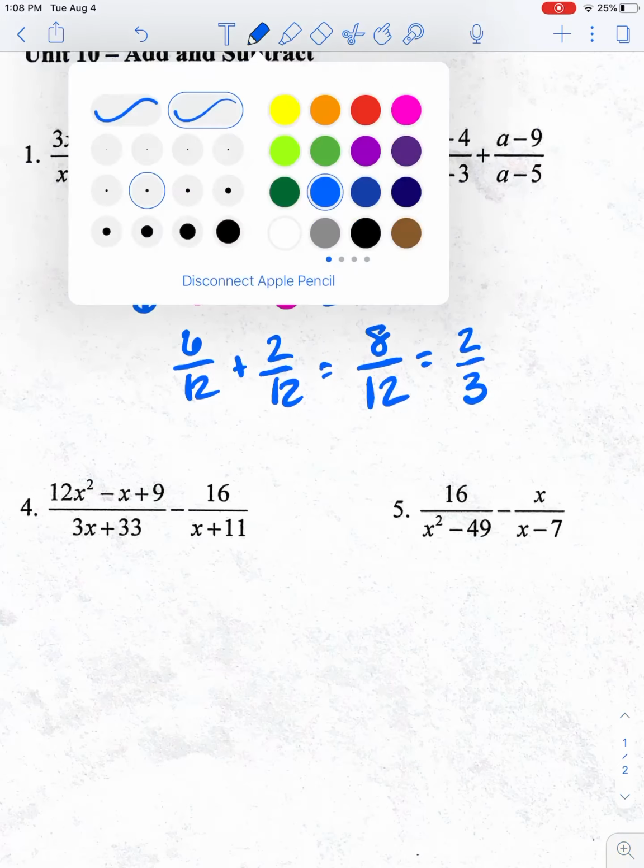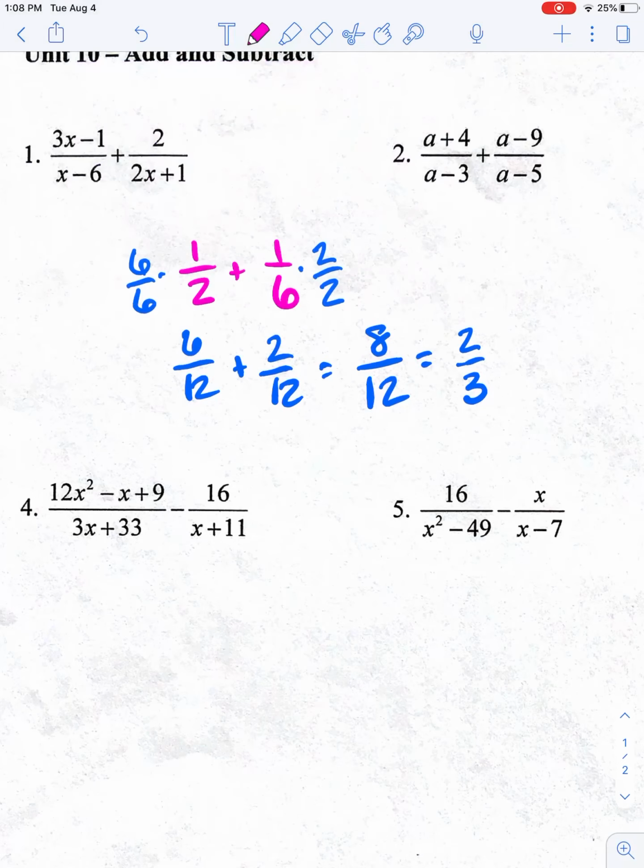Okay, so if I look at the same problem again and say, okay, I have 1/2 plus 1/6, well, I know that I don't have to go all the way up to a 12. I know that I can go to a 6 because a 6 has a 2 in it. So if my common denominator is 6, then I am just going to give this guy a 3/3.